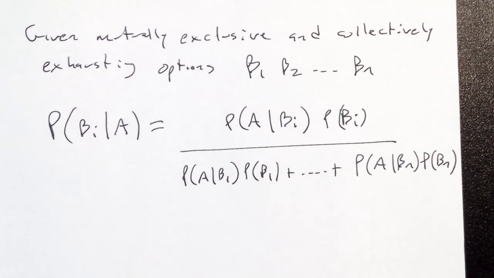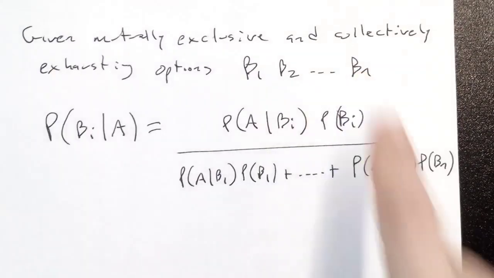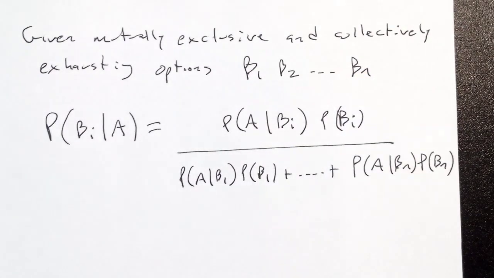Collectively exhausting means those options are the whole sample space. So mutually exclusive, they're all separate from one another. They have no overlap. Exhausting means they cover all the bases. So mutually exclusive and collectively exhausting. These B's are a complete list of what could happen.